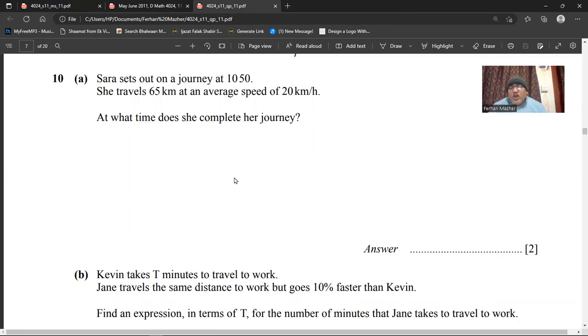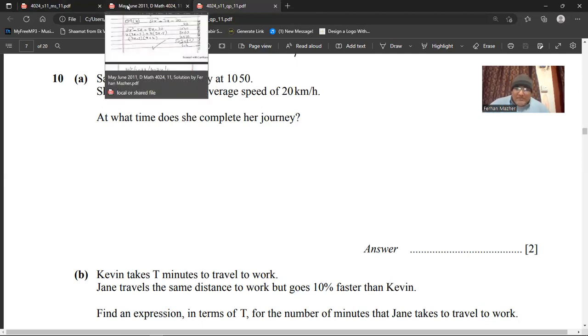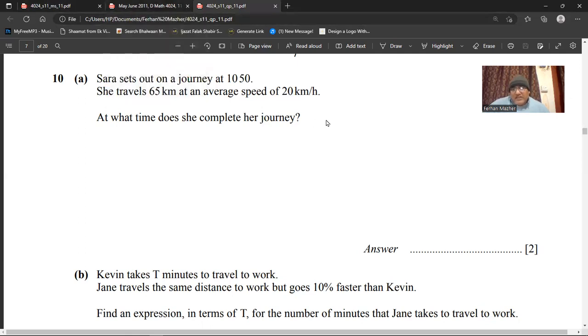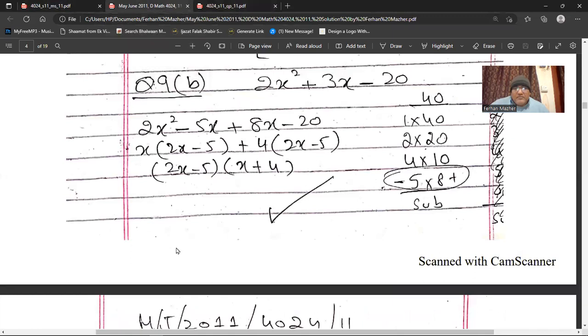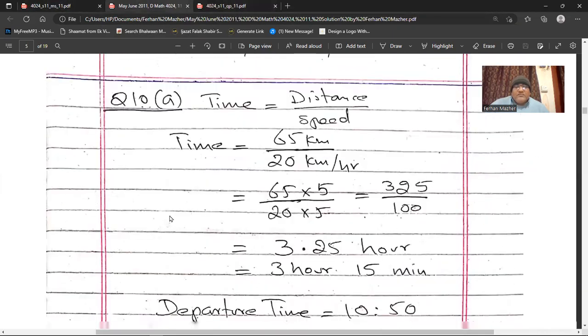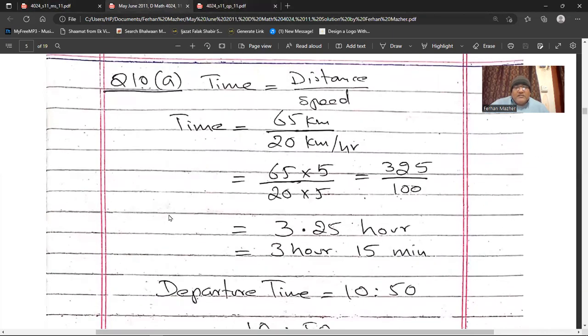So I will find out how much time it will take. Divide the distance by the speed and you get the time, then convert that time into hours and minutes. That will be your journey time, and then add that journey time to the departure time and you will get the arrival time. This is the technique.